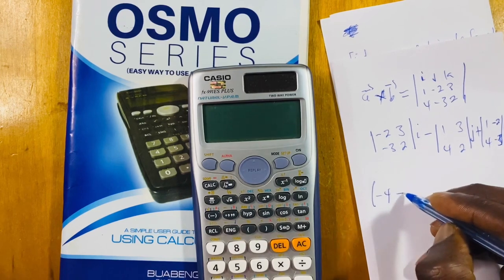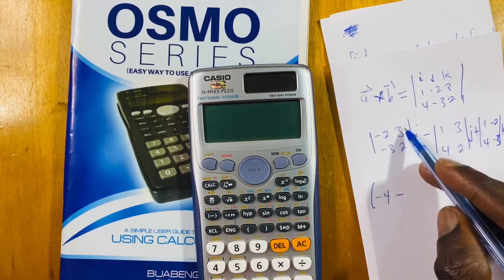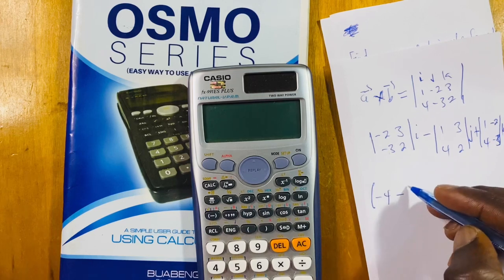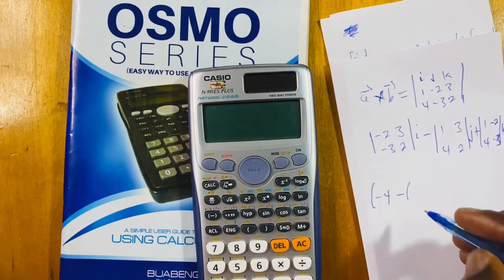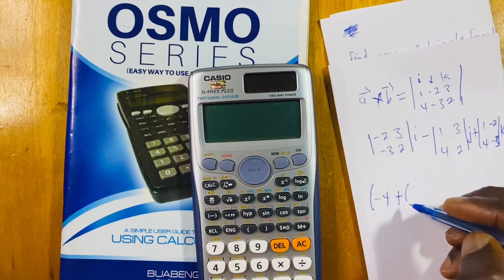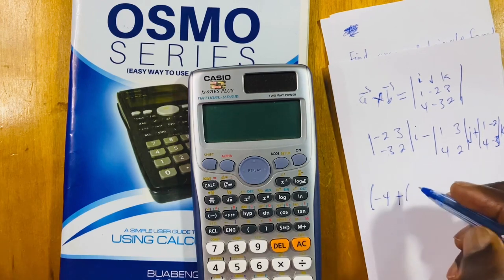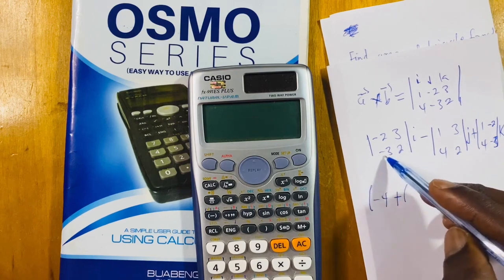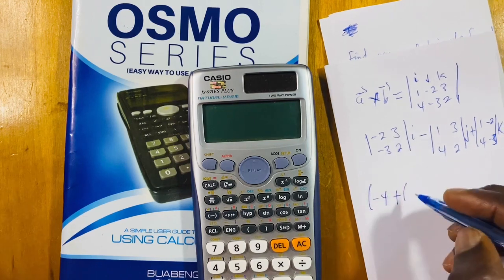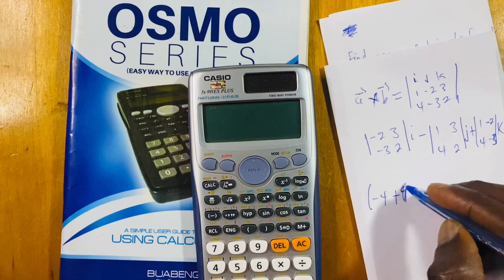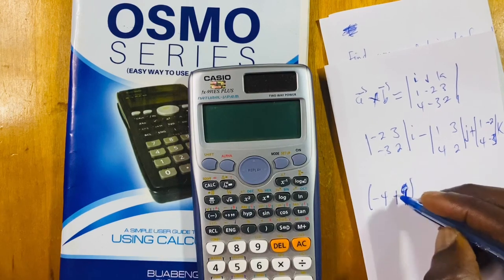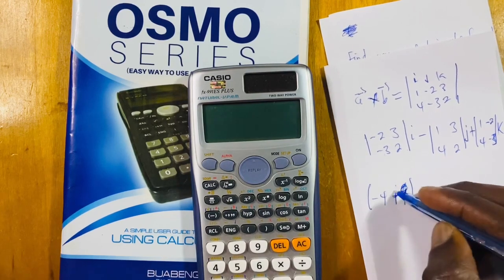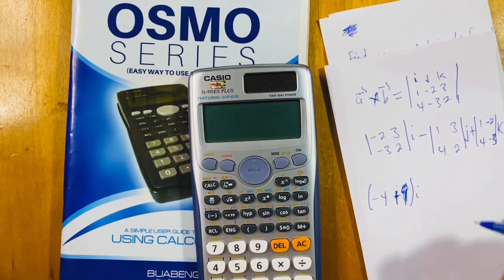Then minus this one, and this is already minus, so let me put it in a bracket so it will change this one to positive. Because -3 times 3 is -9, it will give us +9 for this. So -4 plus 9 is for I.